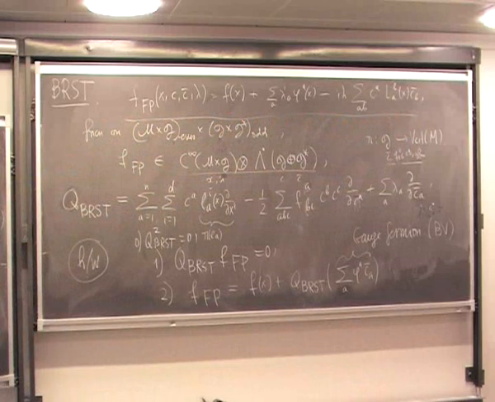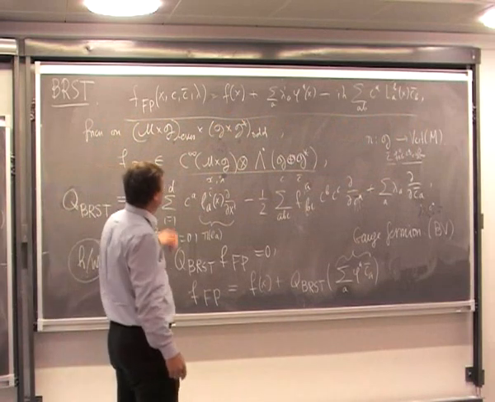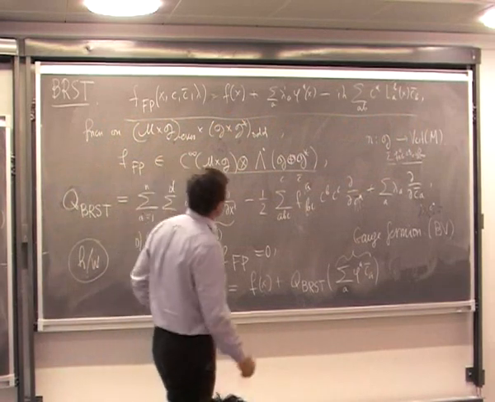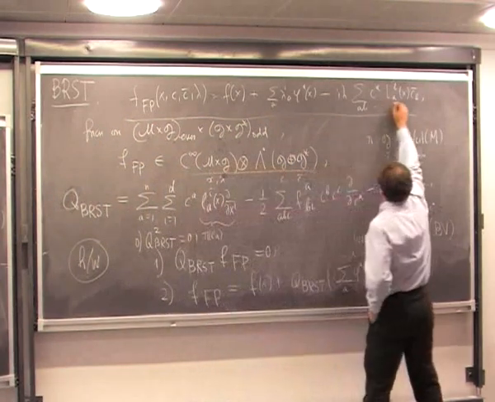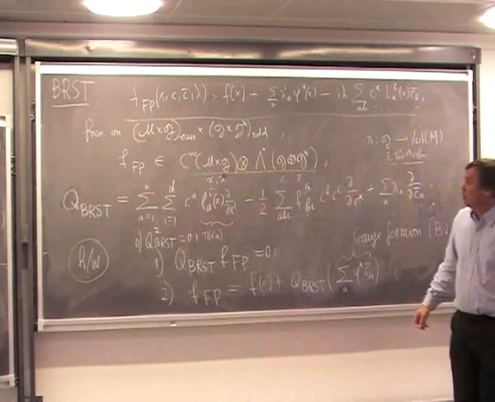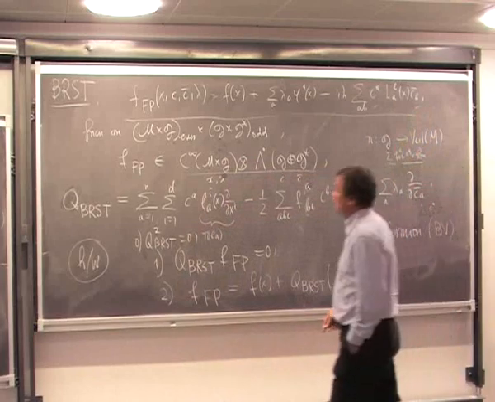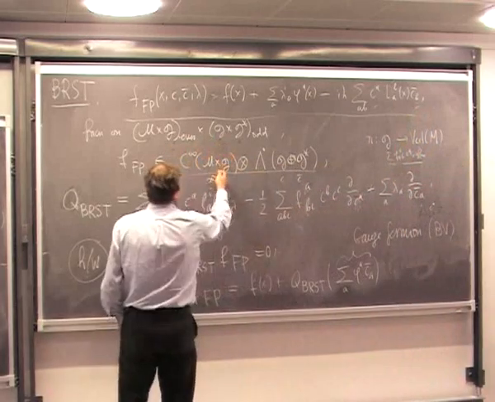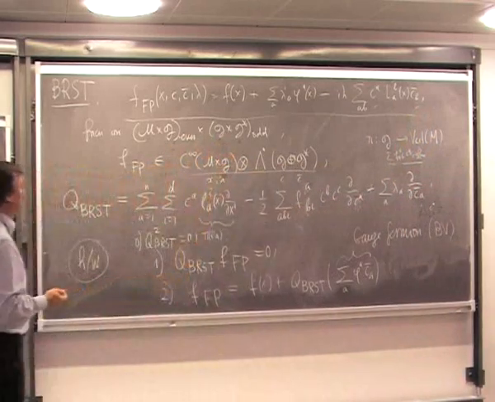In Yang-Mills theory, it's also called the action with ghost fields. So these are ghost fermions. It's a function on this supermanifold, and it's an element of this vector space.